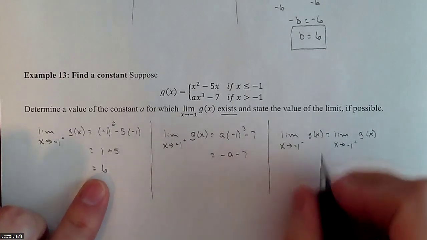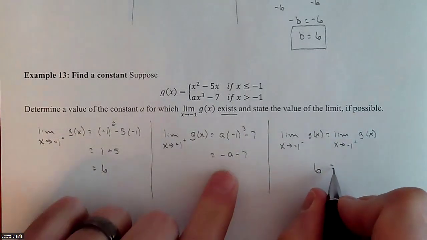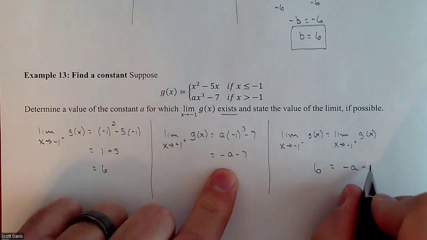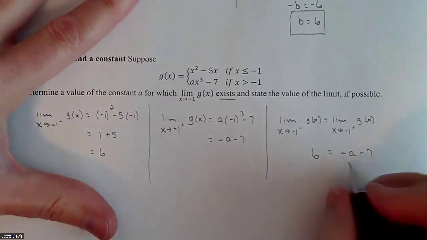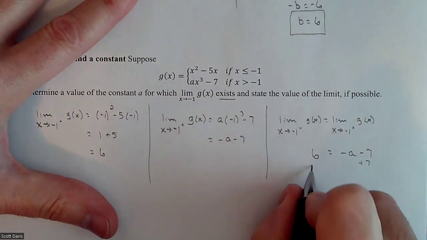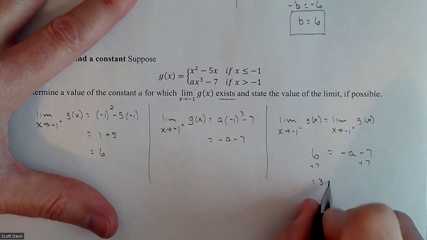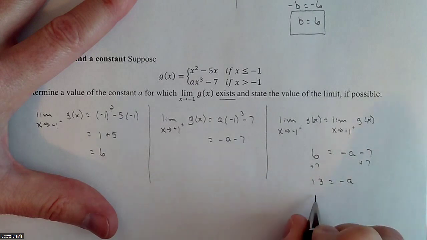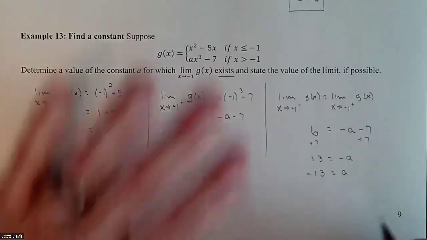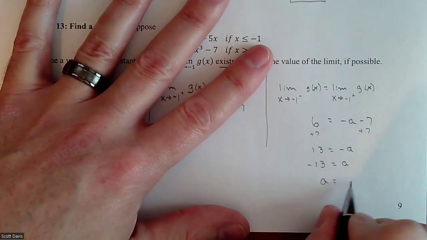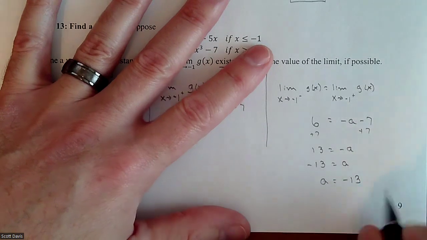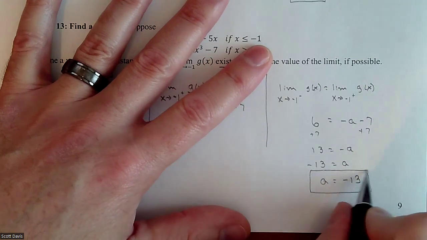And from the left, we know it equals 6. From the right, it equals -a minus 7. And then let's figure it out. So we add 7. So 13 equals -a. So a would need to be -13 in order for the limit to exist.